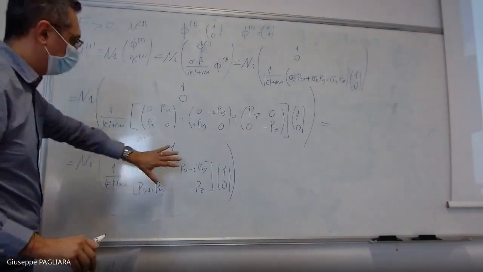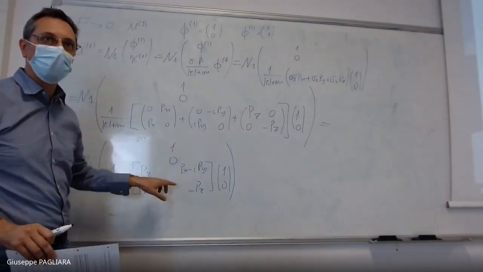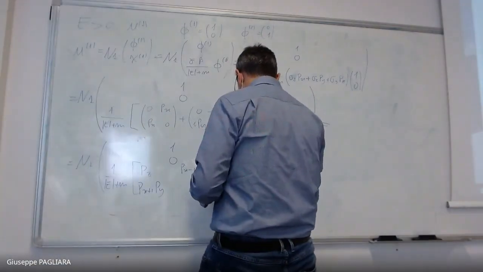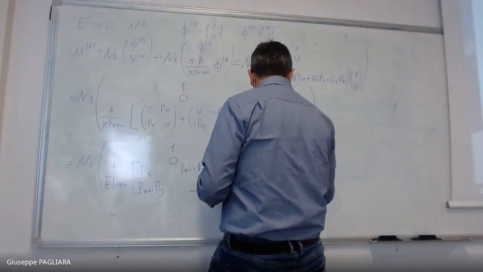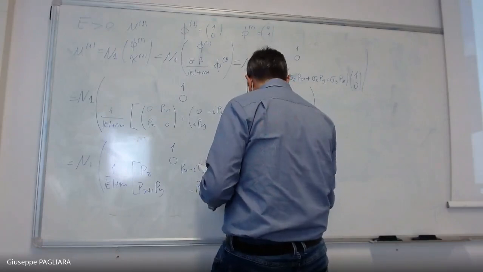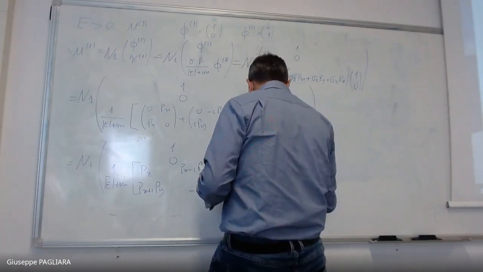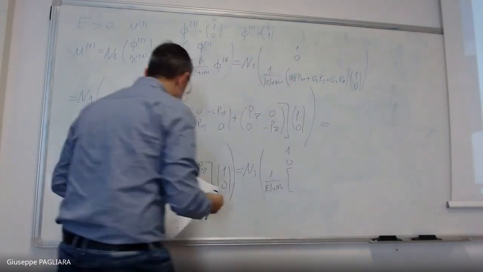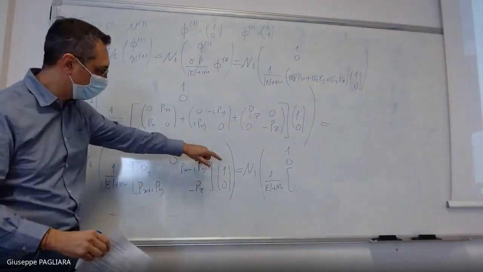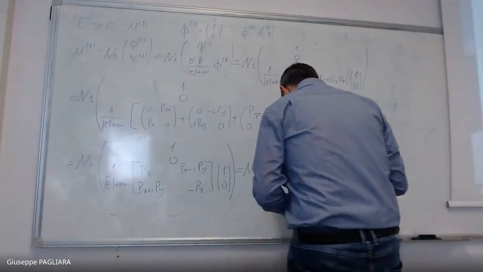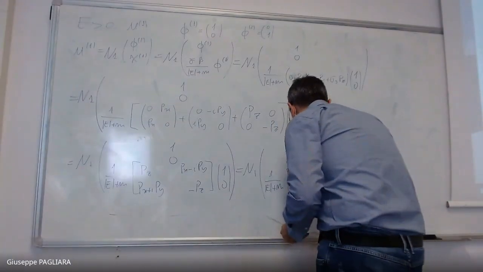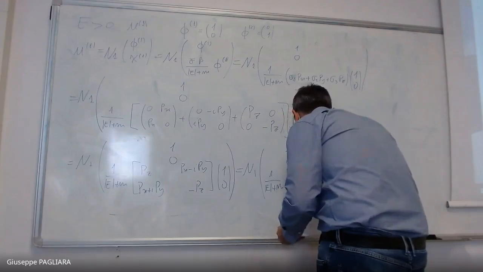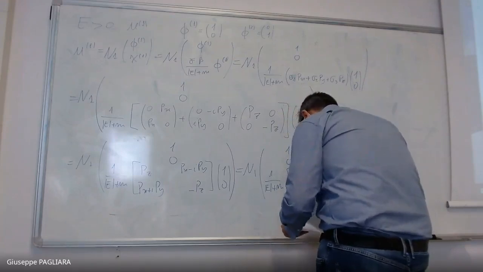Now we make this matrix-vector product. So we end up with N1, (1, 0), 1 over E plus m. Now we multiply the first row by 1 and the second row by 0. So we're just going to have pz and px plus i py.